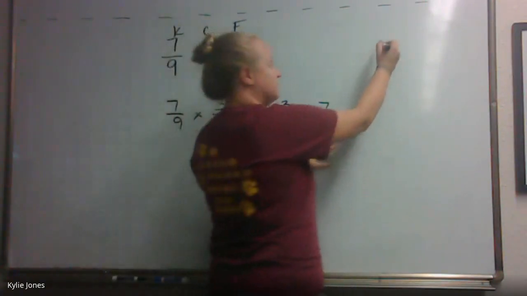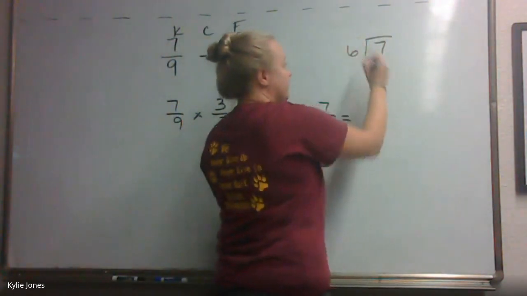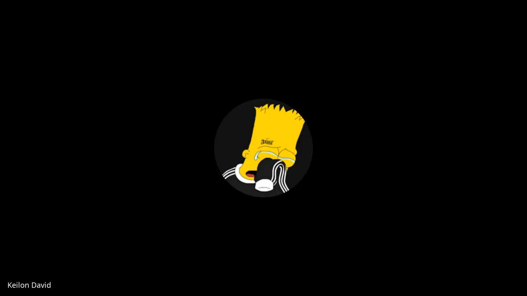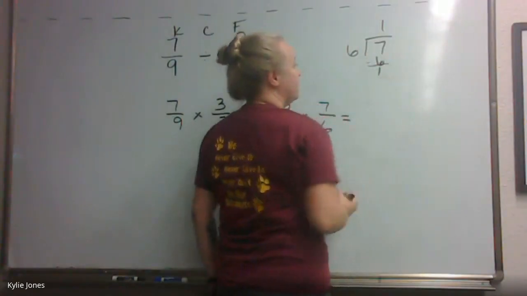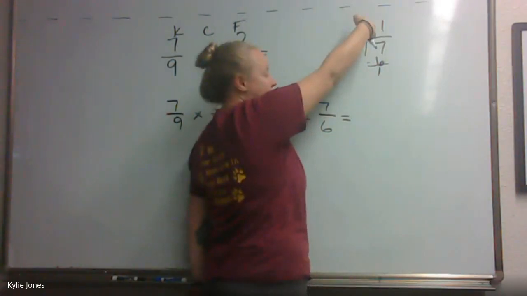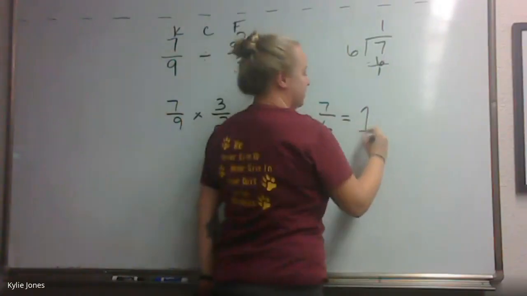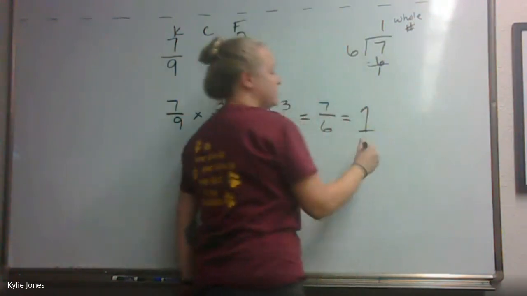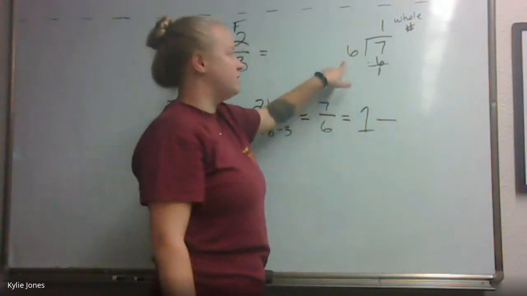So let's do our division. 7 divided by 6. How many times does 6 go into 7? 1 time. We subtract 6, we get 1. What is this 1 up here? The whole number. Which one is my numerator, the 6 or the 1?